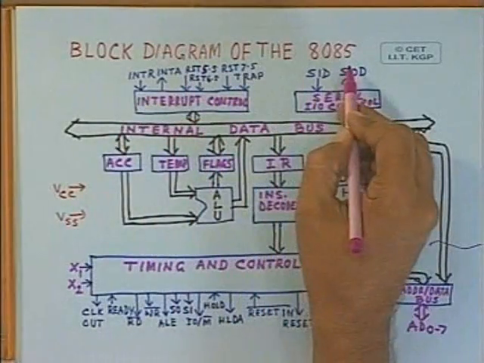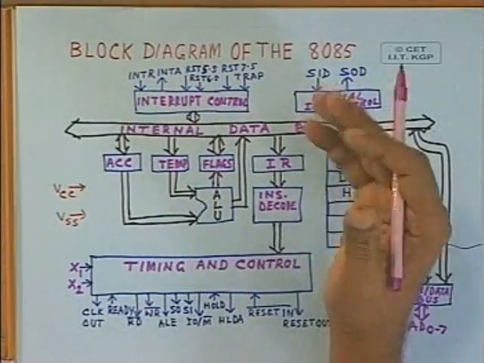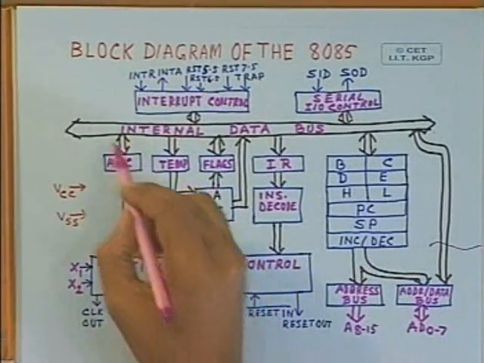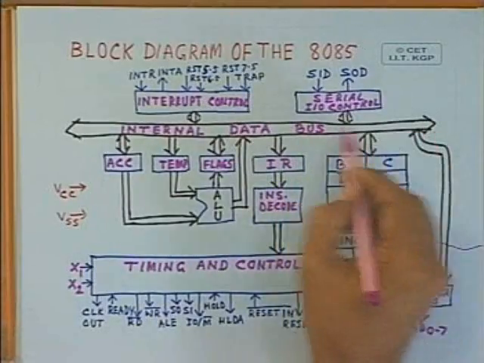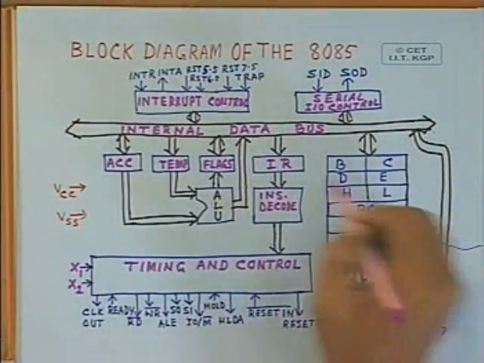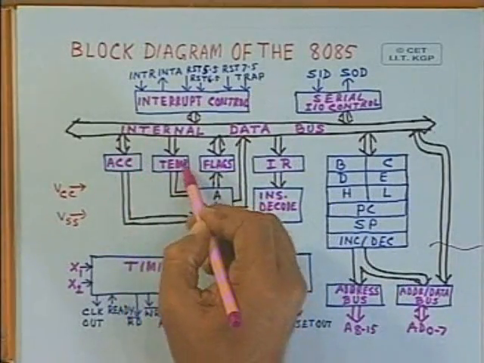But before I conclude, let me just give a block diagram of 8085, that internal block diagram. I have already discussed what is provided inside. This is your accumulator. There is an internal data bus, to which all the registers are connected.